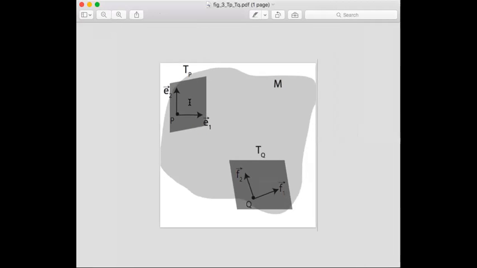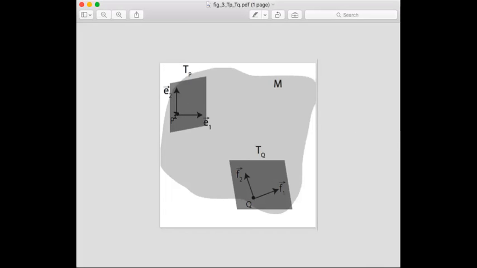So this is my attempt to redraw his figure. I have a manifold M, which is in two dimensions, so it's just a surface. I have a point P that's in this manifold, and then tangent to that manifold at the point P, I have a plane because that's the flat version of a two-dimensional manifold.